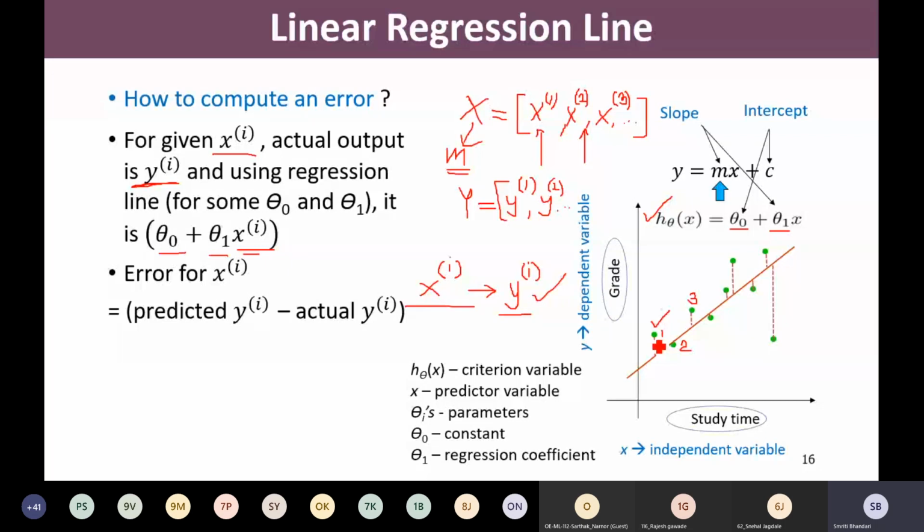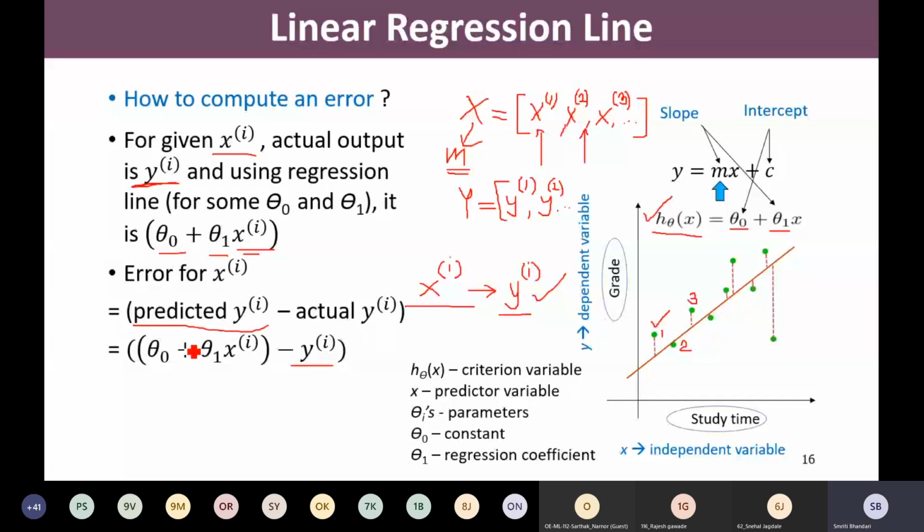Okay? So the error for ith sample is given as predicted yi minus actual yi. So what is predicted yi? How to compute this predicted yi? We have mentioned here. Predicted yi is nothing but this hypothesis h theta xi. So predicted yi is computed as theta 0 plus theta 1 xi, and we know actual yi.